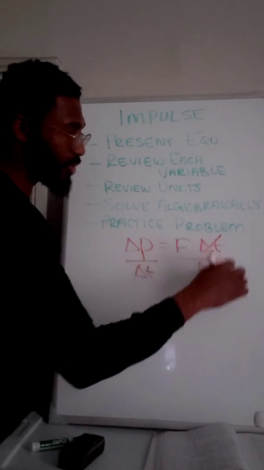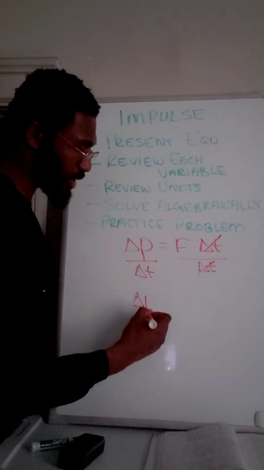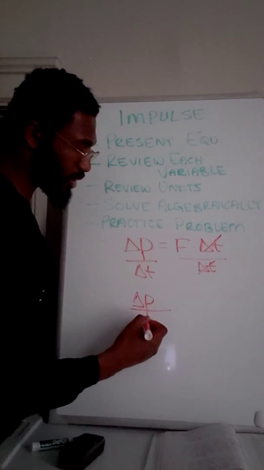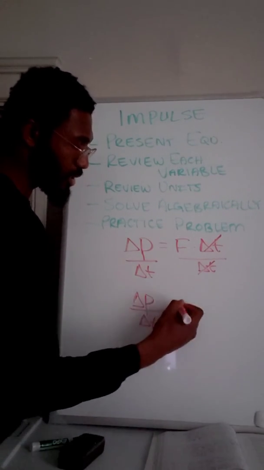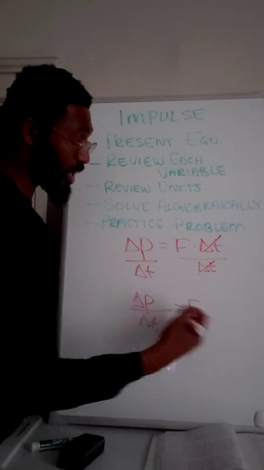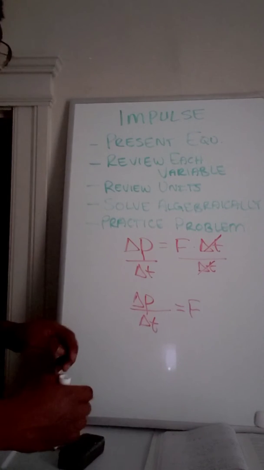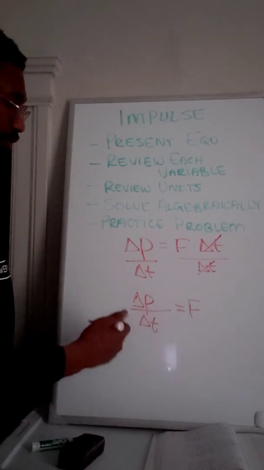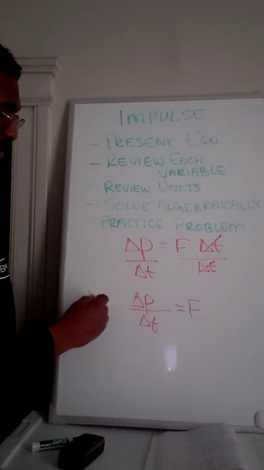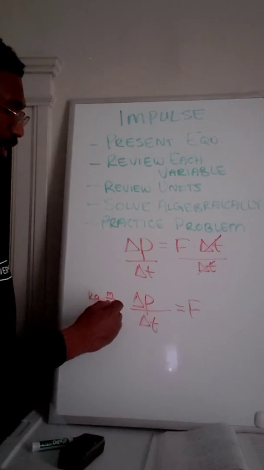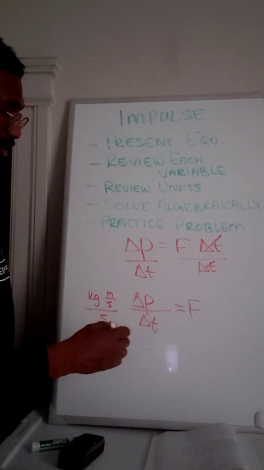That cancels numerator and denominator. So I end up with delta P, momentum, over delta T, or impulse divided by delta T, equals force. Okay? And my units will be in newtons. This will be kilograms times meters per second divided by seconds.